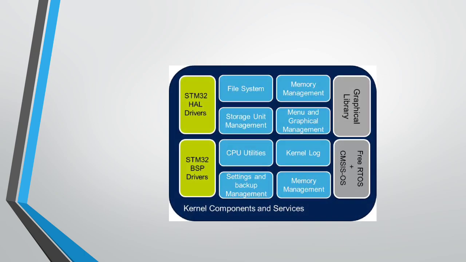This is how the kernel components and services are associated in STM32H7. The STM32 HAL drivers, in green, and STM32 BSP drivers are at the bottom. In the middle, in blue, are the file system, memory management, storage unit, menu and graphical management, CPU utilities, kernel log, and settings and backup management.